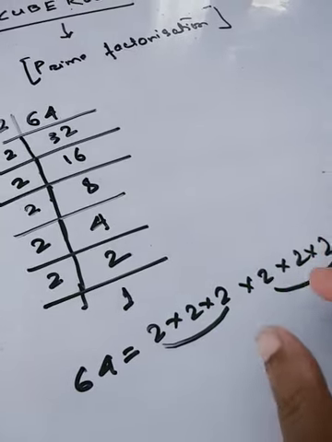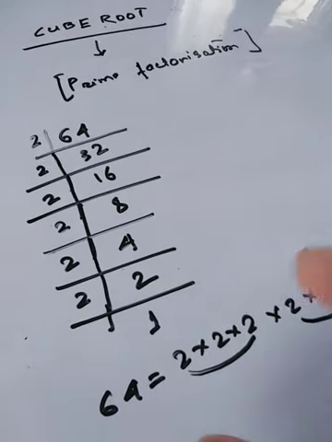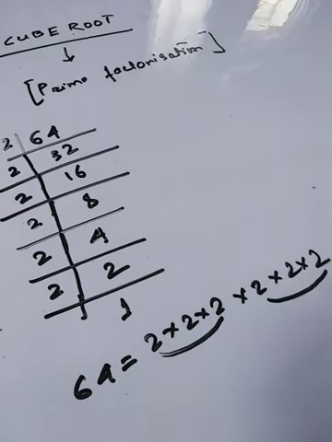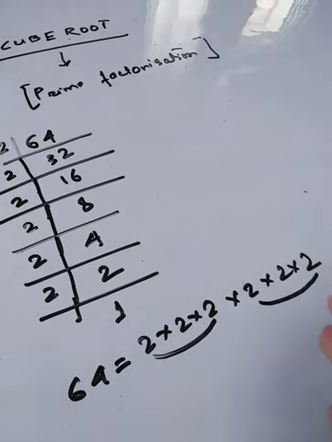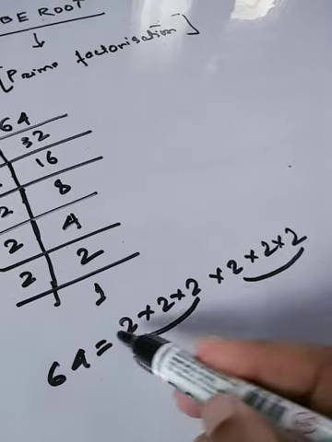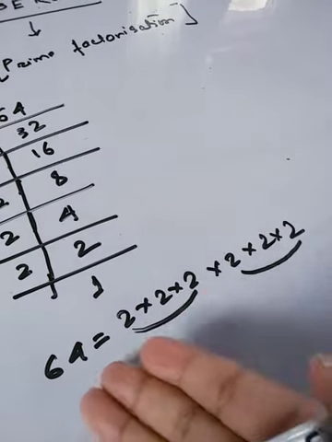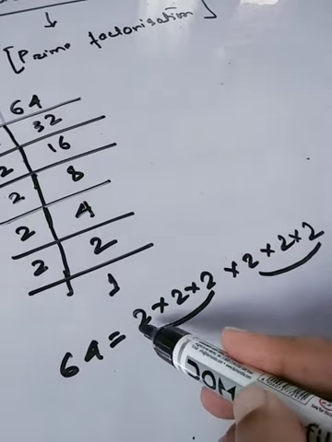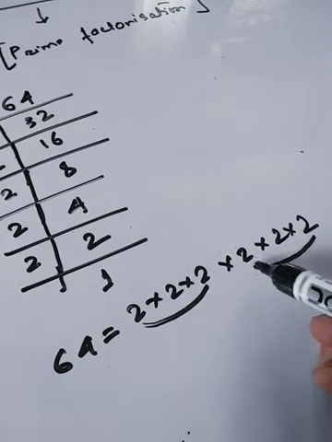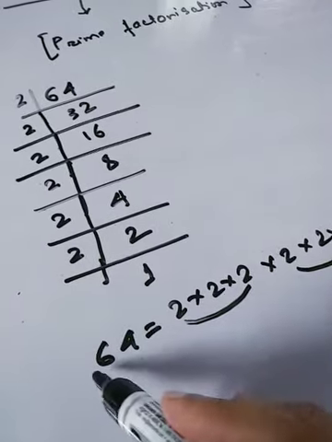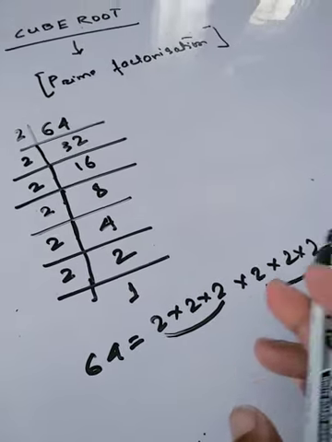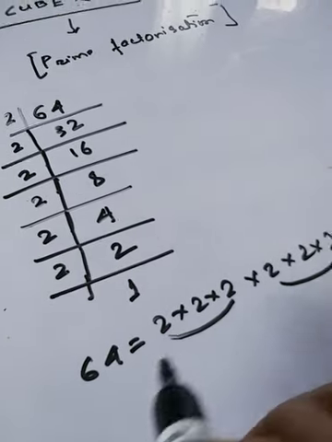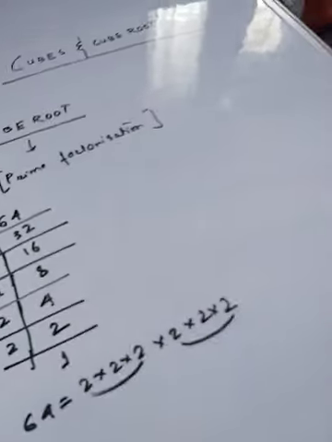So after doing the prime factorization of any number, if the factors are in the form of triplets, then we consider this particular number a perfect cube.